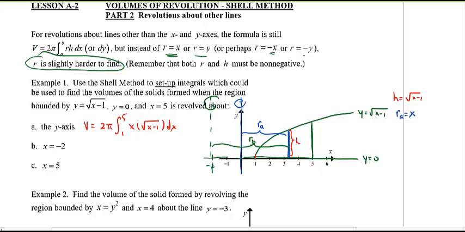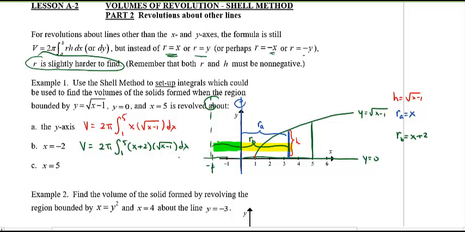Now, r sub b seems to be the previous value of x, but I have this little extra bit over here, and this distance is an extra 2 units. So r sub b is x plus 2. And therefore my volume equation changes by making the radius now not x, but that's right, x plus 2. And thankfully we don't have to evaluate this integral.